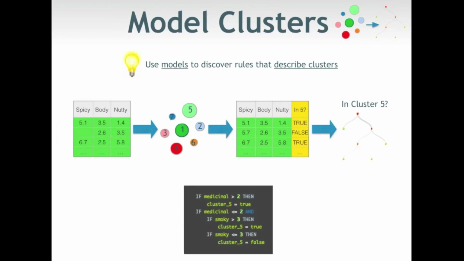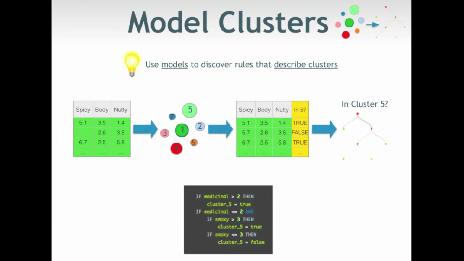Then if we want to understand how a specific cluster, say cluster number 5, differs from the rest of the clusters, we build a new data set by adding a feature to the original data set. This feature has the value of true if the instance is in cluster 5 and false otherwise. Now we can model this new data set, and since the decision tree is essentially an if-then-else rule set, we'll now have a compact expression that describes how this cluster differs.